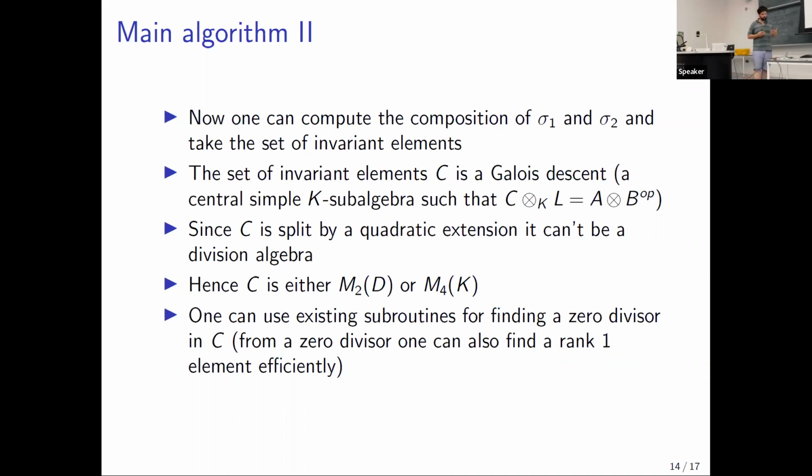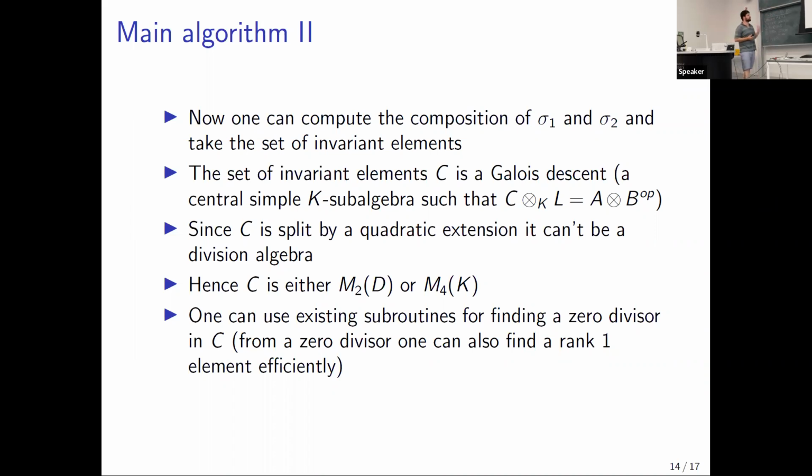But this might not be super useful, because if this was a division algebra, then it's completely useless, because every element is invertible and you won't find any zero divisors there. But the good thing here is that since L is a quadratic extension and C is a degree 4 thing, it means it's split by a quadratic extension, so it cannot be a division algebra.